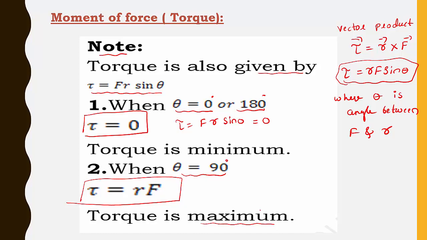So torque is maximum. If you apply force parallelly, there is no movement of the door. So torque is minimum. So torque is said to be maximum when applied force is perpendicular, and minimum when applied force is parallel. Or when theta equal to 90 degree, torque is maximum. When theta equal to 0 or 180 degree, torque is minimum.